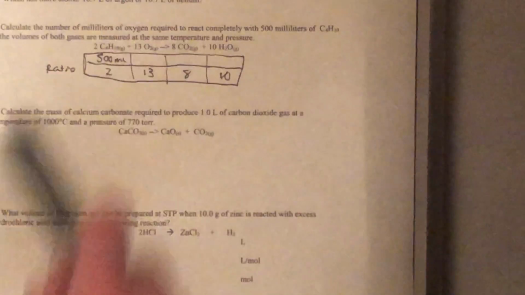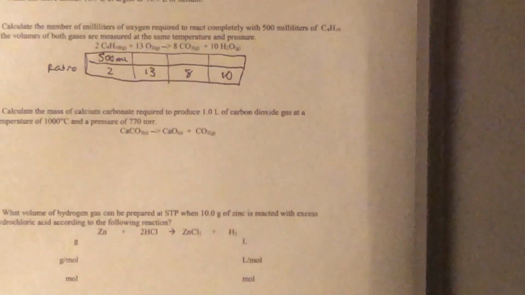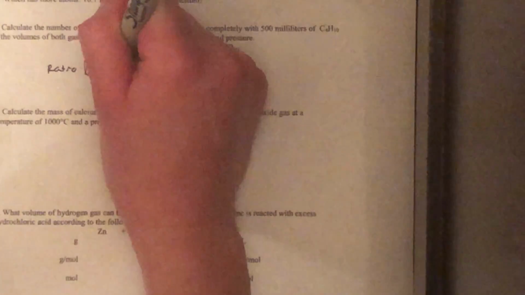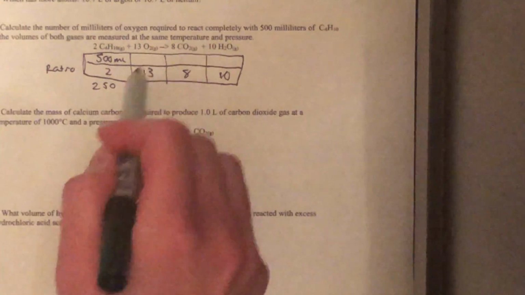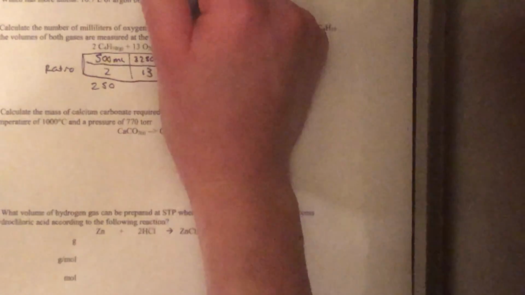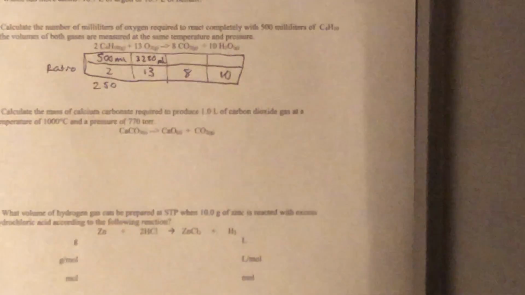We'll go down the table, so we'll divide 500 by 2, which gives us 250. Then we'll go up the table, so we'll multiply: 250 times the 13 gives us 3,250 milliliters.